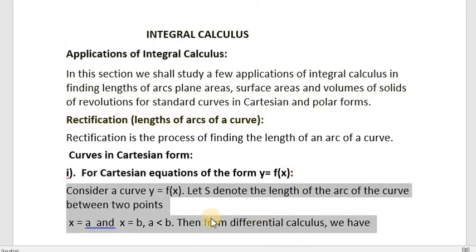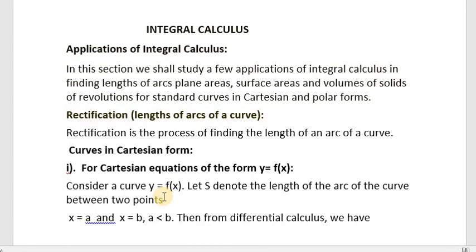consider a curve y is equal to f of x and let s denote the length of the arc of the curve between 2 points x is equal to a and x is equal to b, where a is always less than b.